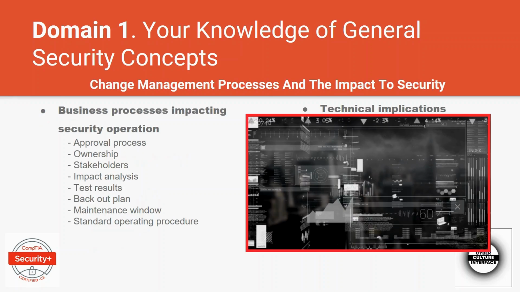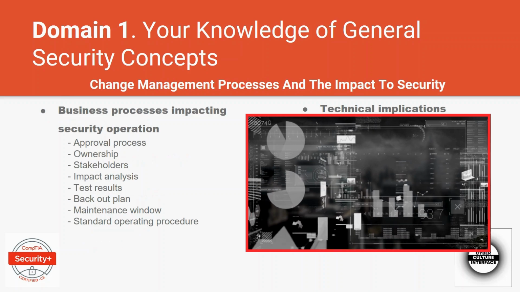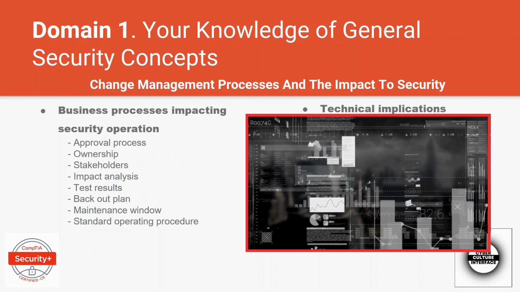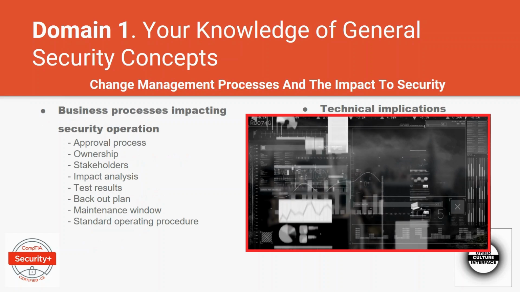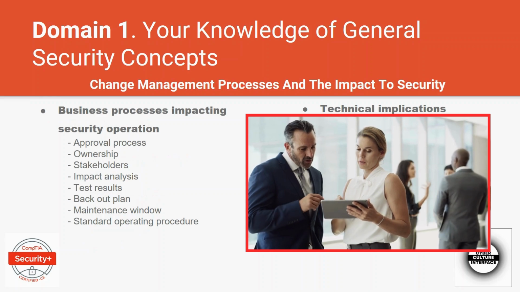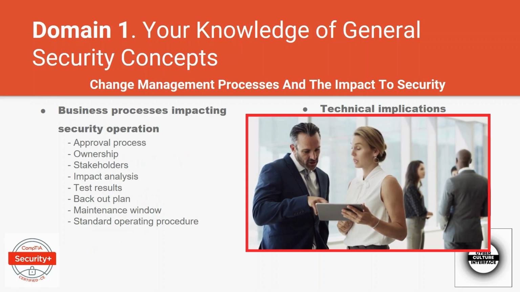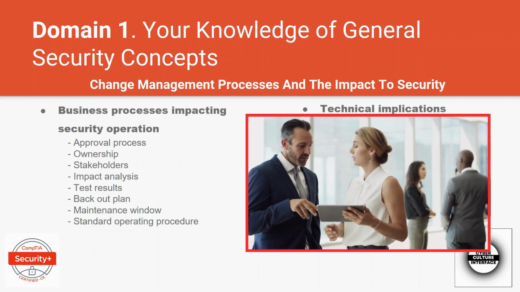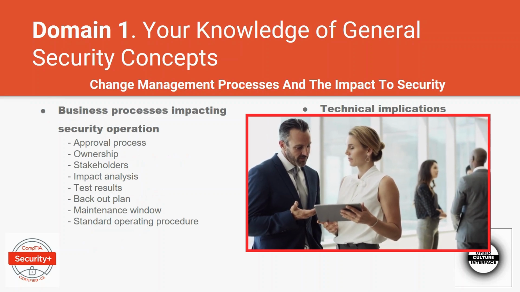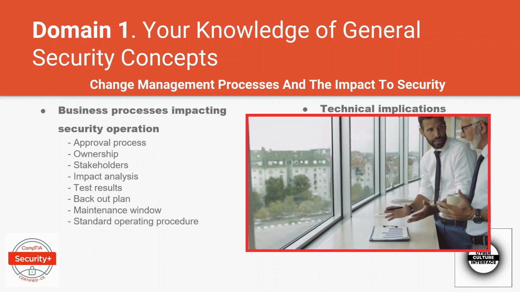Then we have change management processes and impact to security. Your knowledge of the change management process will be tested, and you are expected to explain these topics. We are looking at business processes impacting security operations: approval processes, what they mean, ownership, data ownership, data custodian, stakeholders, impact analysis, test results, backup plan, maintenance window, and standard operating procedure.